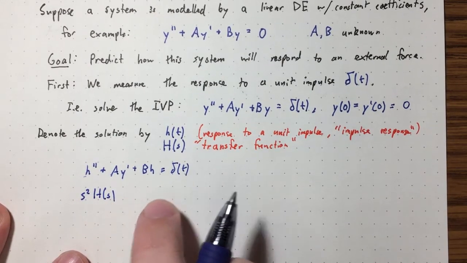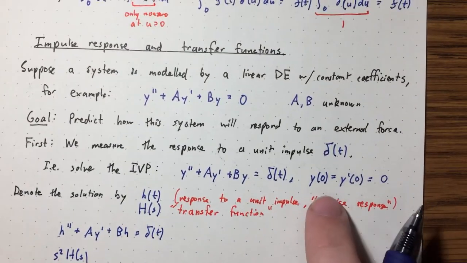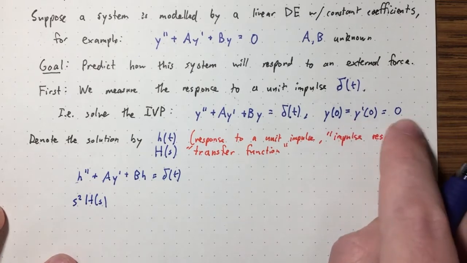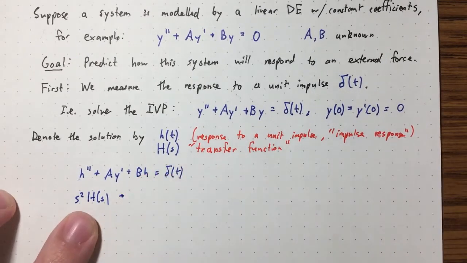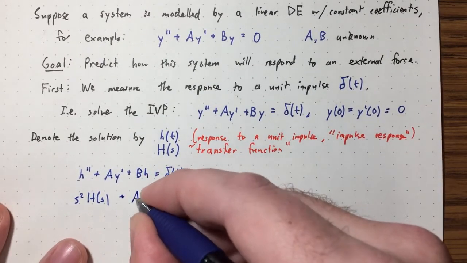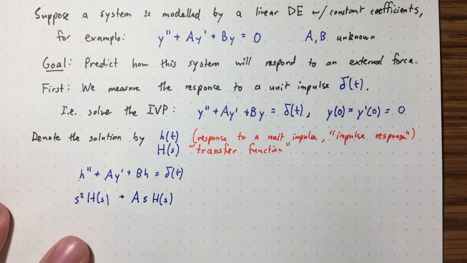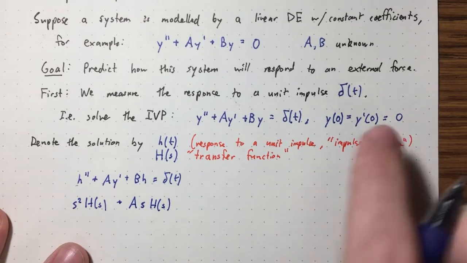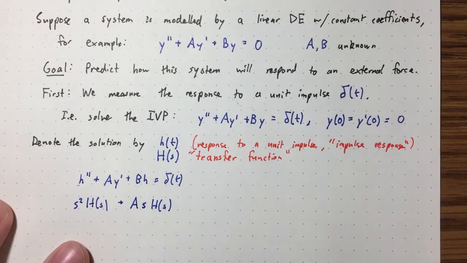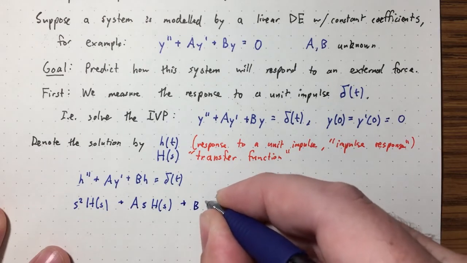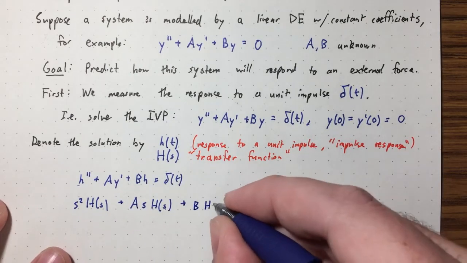I now need to do minus s times h of 0, which is just 0, minus h prime of 0, which is also 0. So that's all I have. And then I have a times s times the Laplace transform of h again. And again, I don't have another term there because our initial conditions are both 0. Plus b times the Laplace transform of little h, which is capital H.